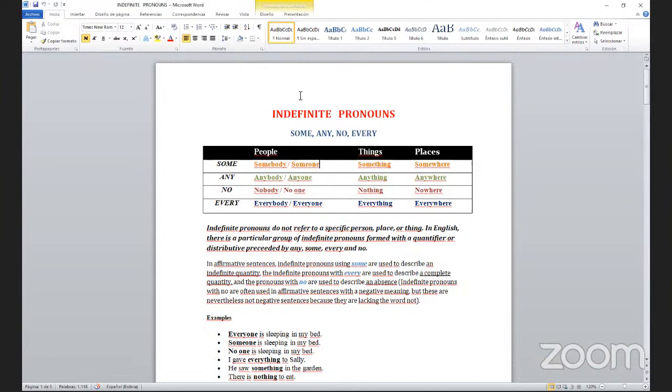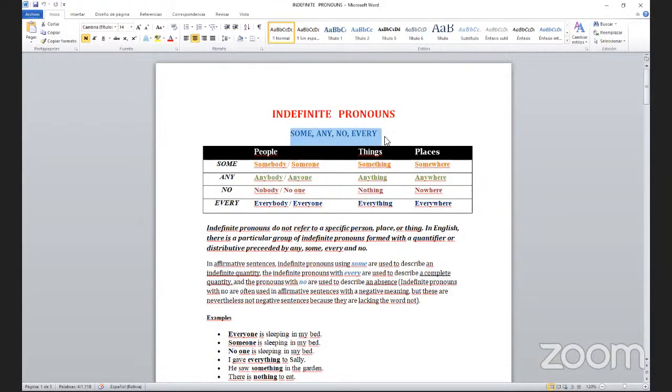Well, we have these indefinite pronouns, okay? So which words could we find in these indefinite pronouns? We have some, any, no, and every.